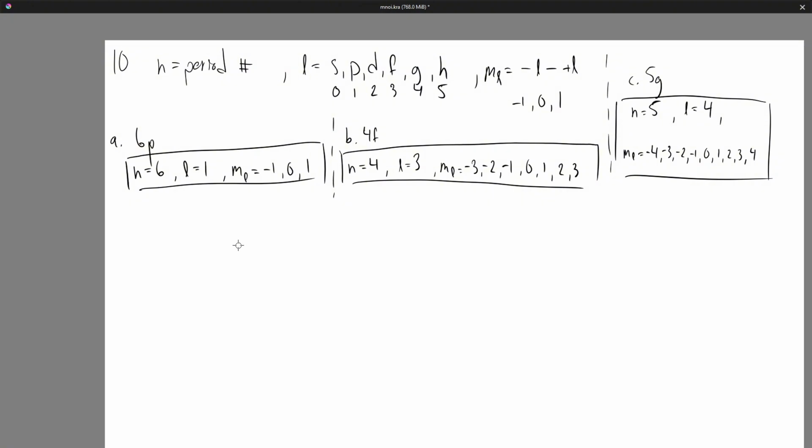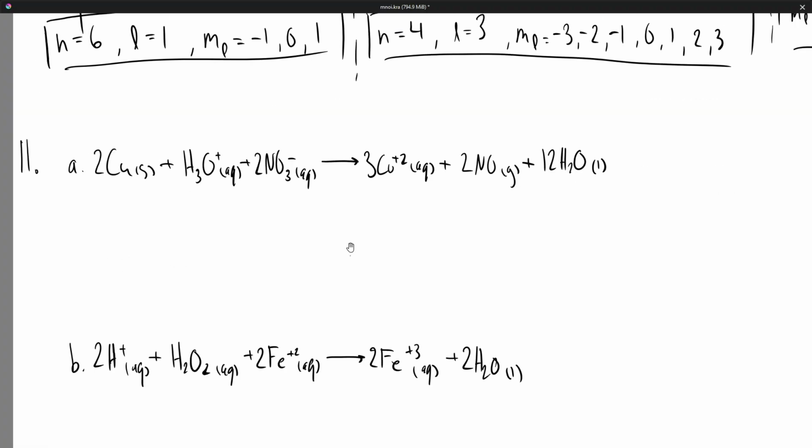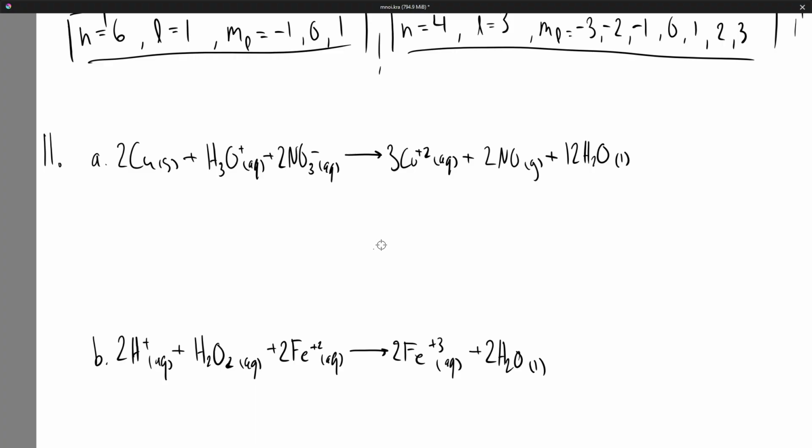Okay, so 11 says identify the oxidizing and reducing agents for each reaction. Let me go ahead and copy each reaction down first. To find the oxidizing and reducing agents, you want to see which species is being oxidized and reduced.